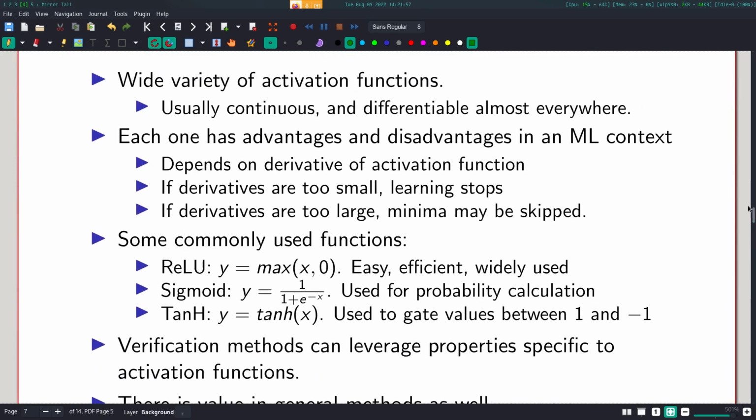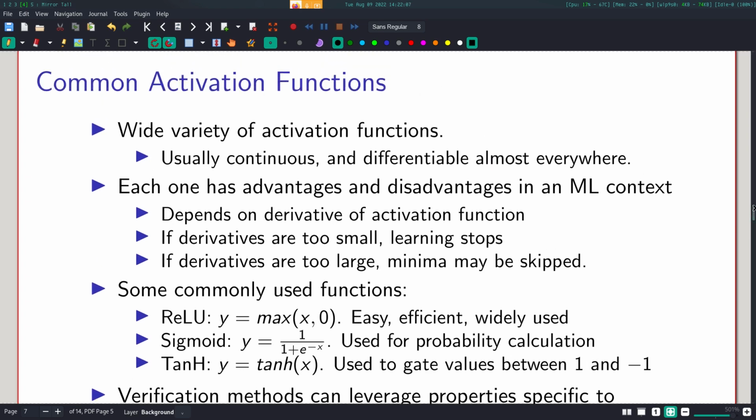So far, whenever we have talked about neural networks, I just kept the activation function as some abstract activation function, and sometimes in the previous things I gave the example of sigmoid, right?